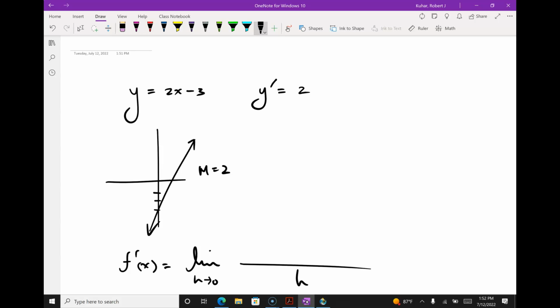What's the first piece? What do I want to put in for the x? Good, x plus h, right? And then subtract off f of x, the original, all divided by h. F of x plus h minus f of x all over h. Are you with me?